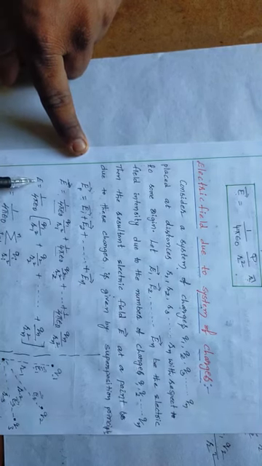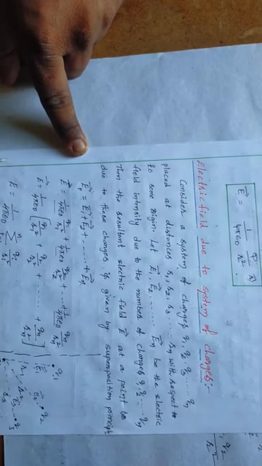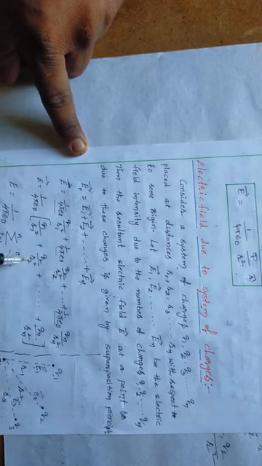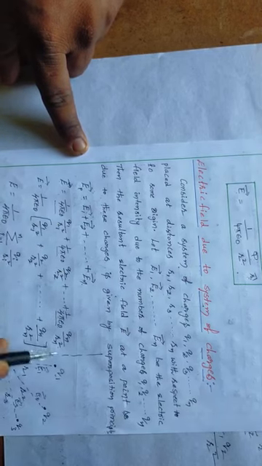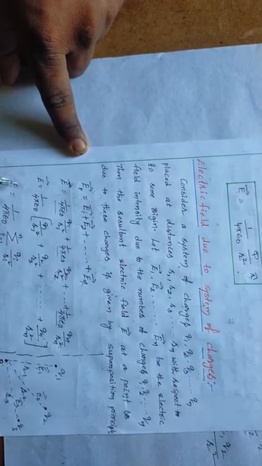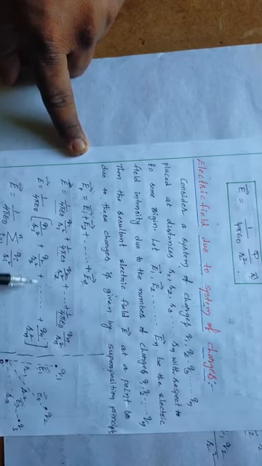So E bar is equal to 1 by 4 pi epsilon naught, if you take it common, then in the bracket q1 by r1 square plus q2 by r2 square plus qn by rn square we can take. That means E bar is equal to 1 by 4 pi epsilon naught, and this total term we are going to simplify. That means we are going to change it like this, into summation. That means sum.